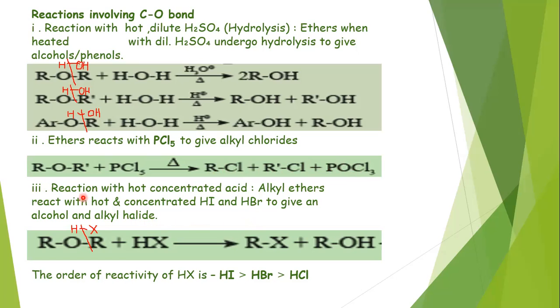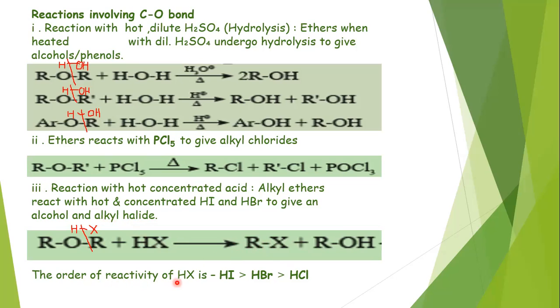Third reaction, look at this reaction. Reaction with hot concentrated acid. Alkyl ether reacts with hot and concentrated HI and HBr to give alcohol and alkyl halide. When ether reacts with hot and concentrated HX, it gives a mixture of alcohol and alkyl halide.